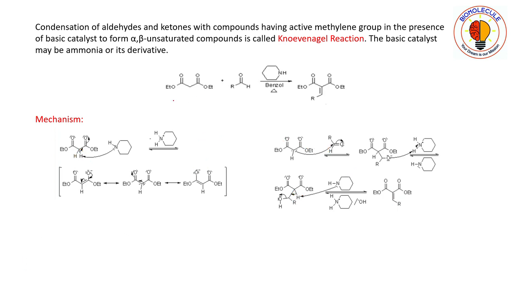So if you want to write this Knoevenagel reaction in short, then you just simply look at the aldehyde. You just substitute this oxygen with this carbon, that is the alpha carbon. Take the carbonyl compound and substitute oxygen with this active methylene compound.